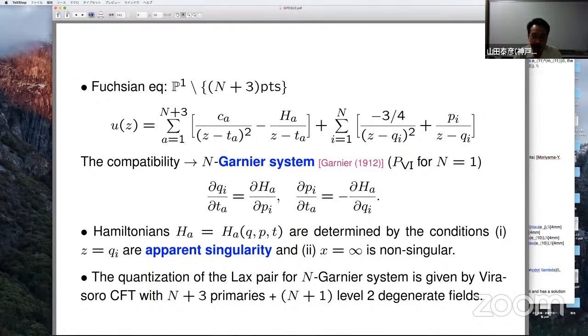So the quantization of the n-Garnier system is given by the Virasoro conformal field theory with n plus 3 primaries and additional level 2 degenerate fields, which correspond to the position z and positions q_i.